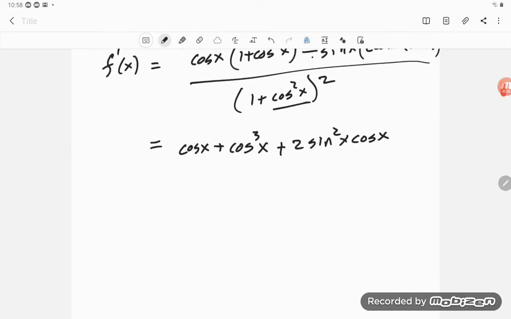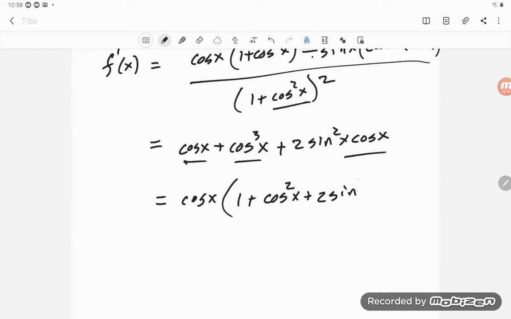Okay, this is somewhat helpful because out of every term I can factor out a cosine of x. So this is cosine of x times 1 plus cosine squared x plus 2 sine squared x.